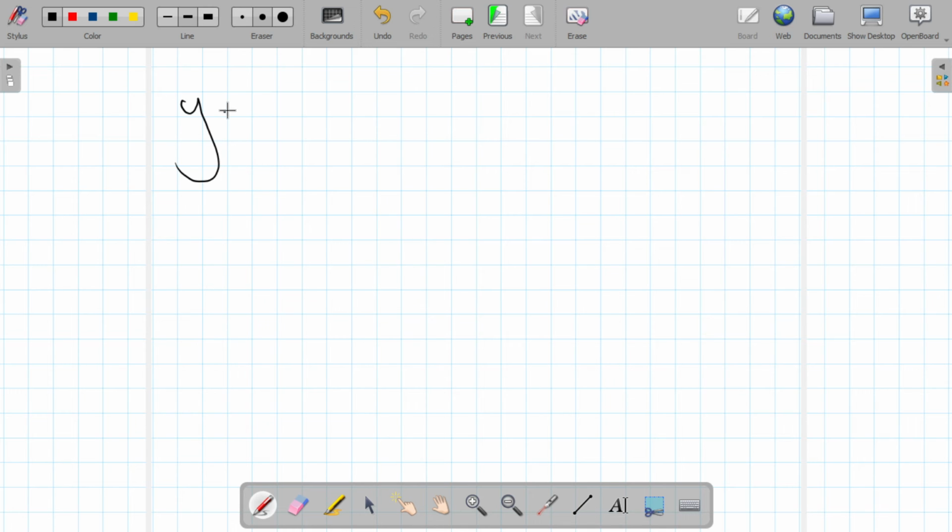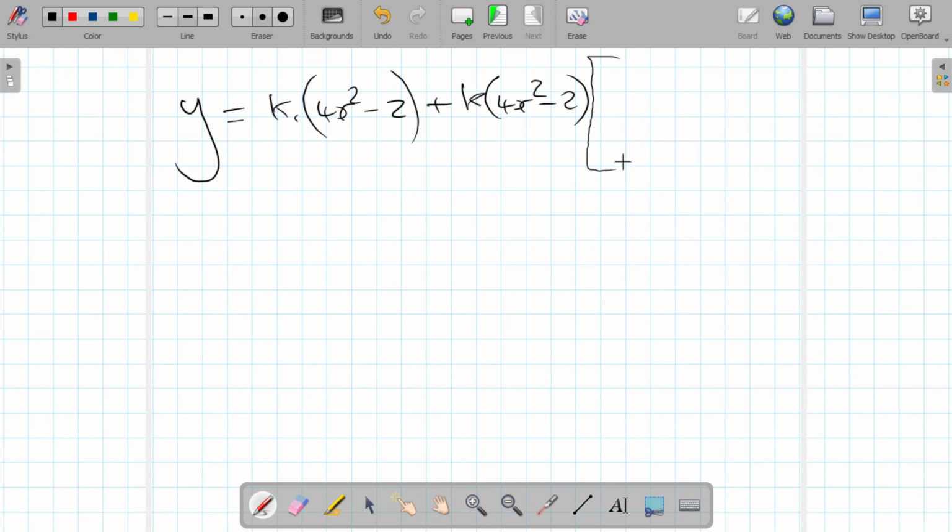So we've got y equals k1 times 4x squared minus 2 plus k2 times 4x squared minus 2 times root of pi over 16, imaginary error function of x, minus x e to the x squared over 8 times 2x squared minus 1.